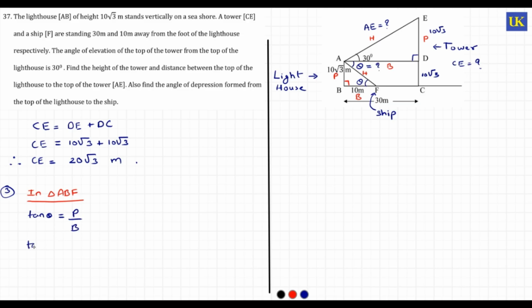So tan theta is what we have to find out. So perpendicular is what? Perpendicular is AB and base is BF. AB is how much? AB is 10 root 3 and BF is 10. So 10 and 10 will get cancelled.